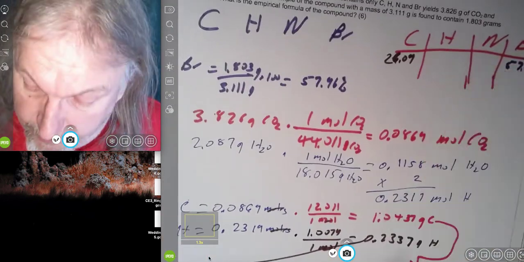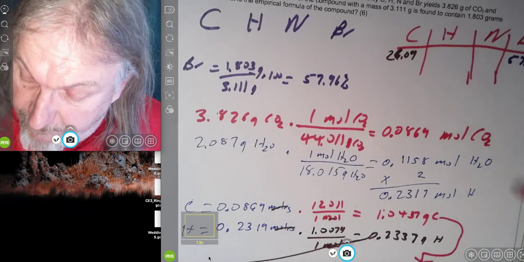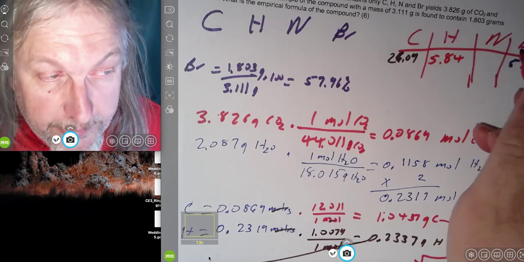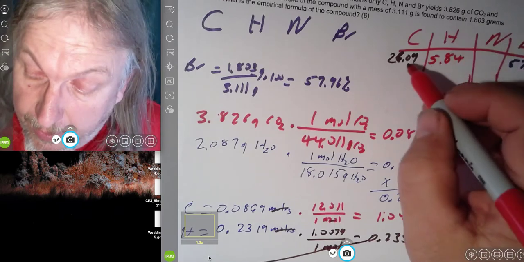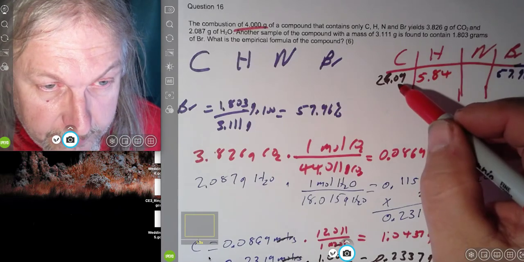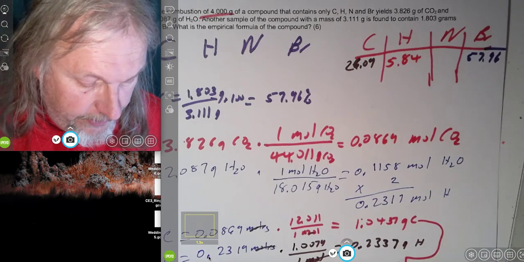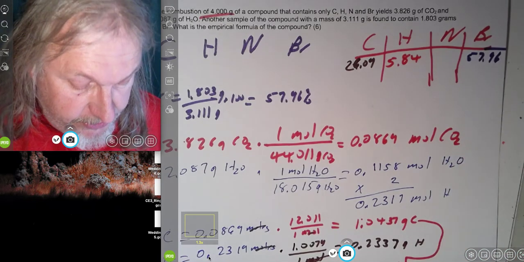Problem's almost done now. We've already done the hard part. So we'll write that here, 5.84%. All I'm needing is nitrogen. If I take 26.09% plus 5.84% plus 57.96%, minus 100, it will give me the percent of nitrogen.